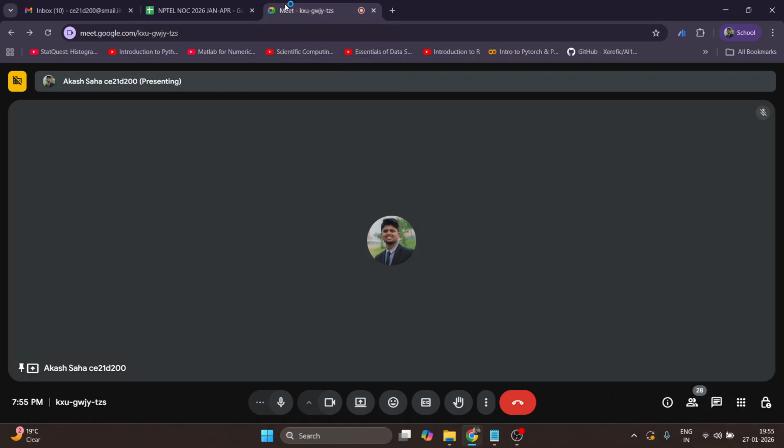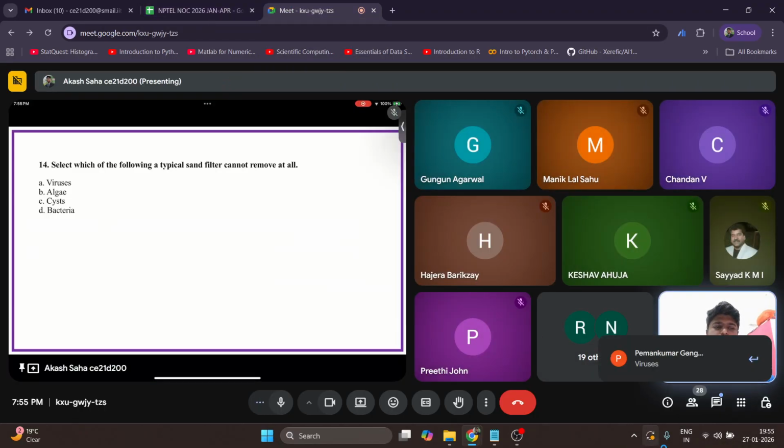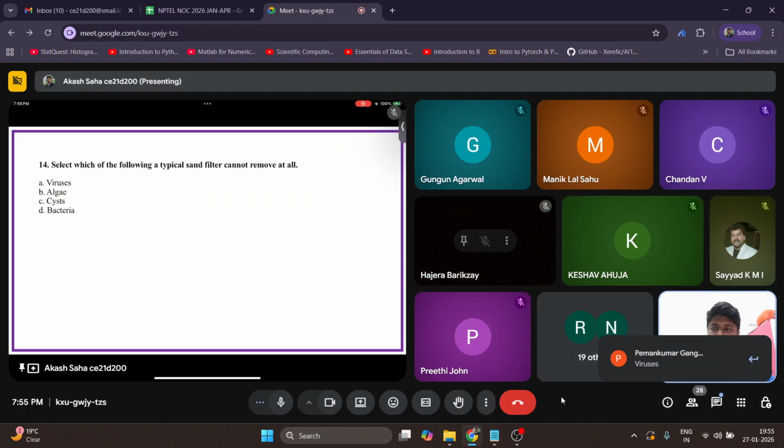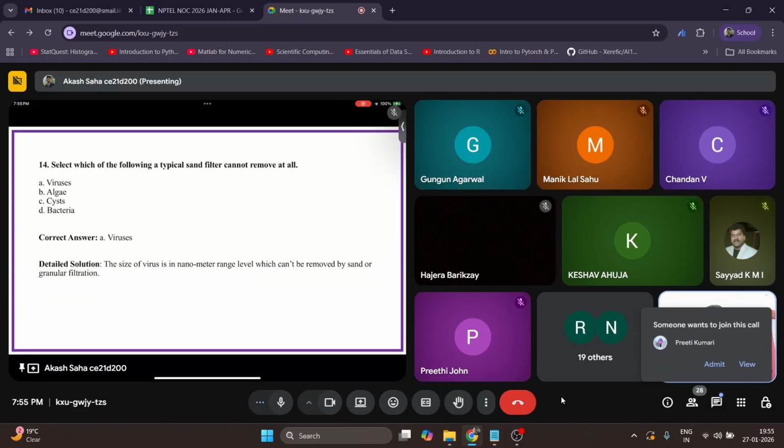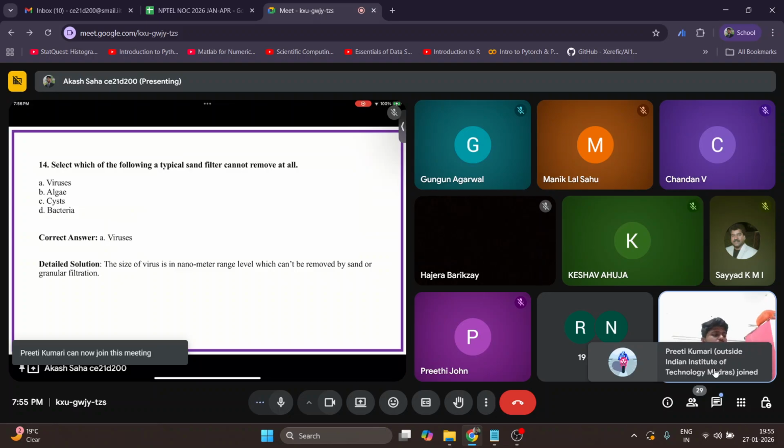Yes, that is correct because viruses are too small to be removed by the pores of the sand filter, whereas much of the bacteria, algae, and cysts can be removed by the pore size of the typical sand filter. For viruses, we need a much smaller pore size, which can be achieved through advanced filters or membranes. It has to be in the nanometer range, then only it can be removed.